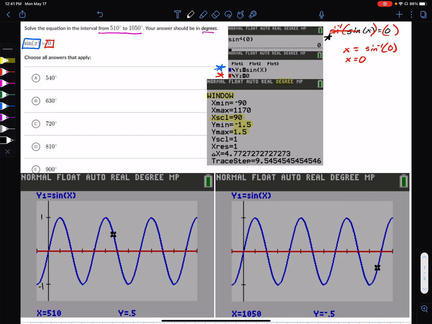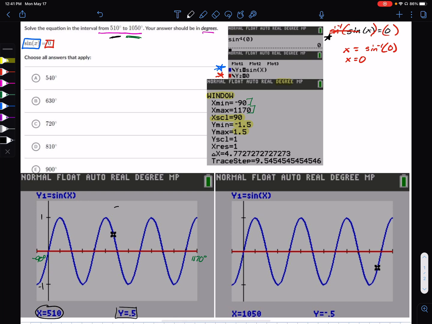Once I got the graph up and running with a good window, since we're running out to 1050, I made sure to go out to a maximum x value of 1170, just the next multiple of 90 degrees, and back to negative 90 at the far left. Now I traced to 510, which gives an output of positive 0.5.